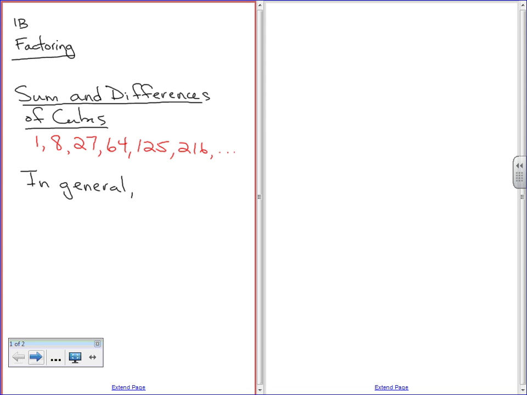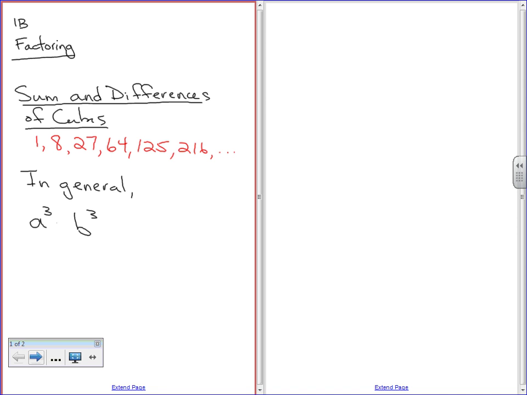Okay, so in general, a perfect cube is a number that has a perfect cube root, right? What's the cube root of a cubed? Yeah, a, right? Because a times a times a is a cubed. So a cubed is a perfect cube. b cubed is also a perfect cube.